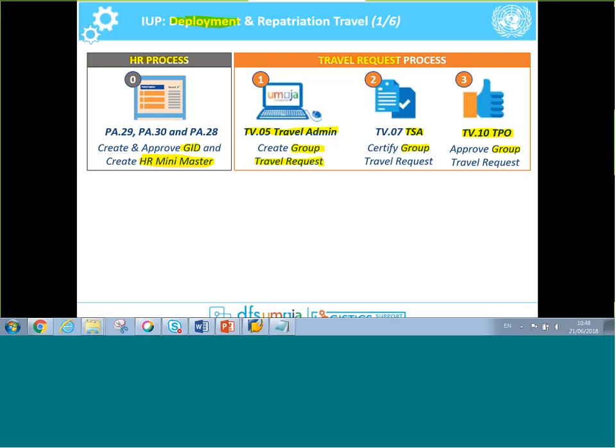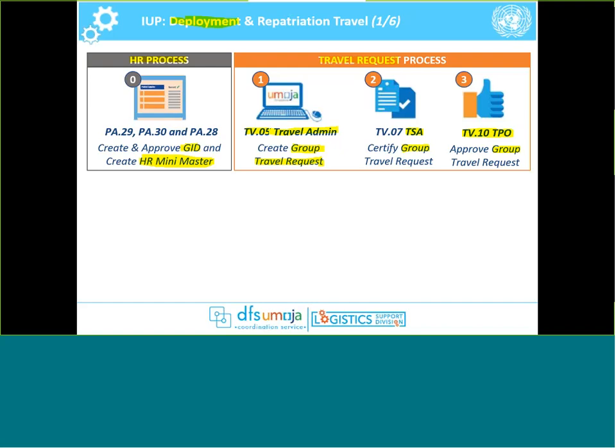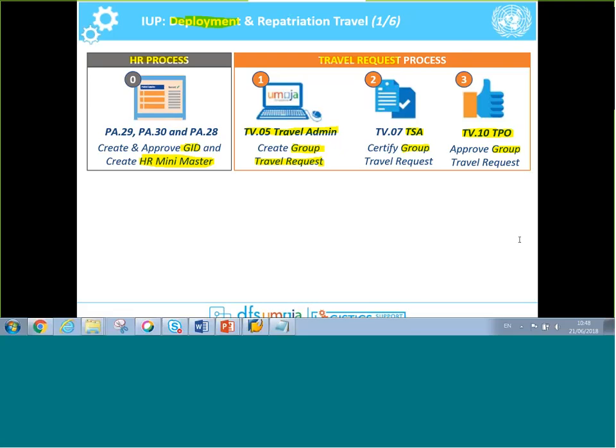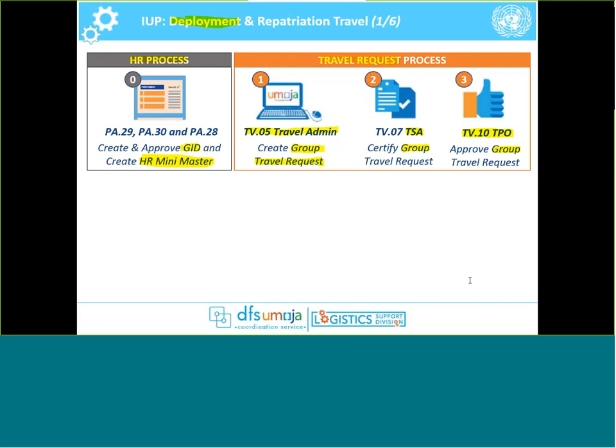So this type of travel request is always done on behalf, by the travel administrator role. Later on, we will repeat the difference between IUP and uniform personnel, because I've seen some questions about it. That is the thing we explained in the slide before, but we will repeat it when we talk again about the within mission travel.